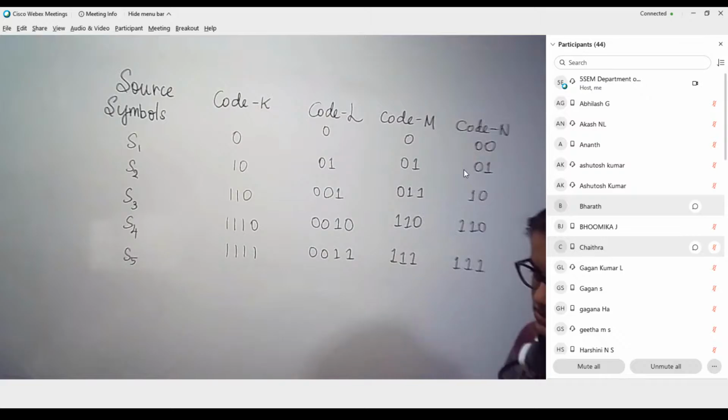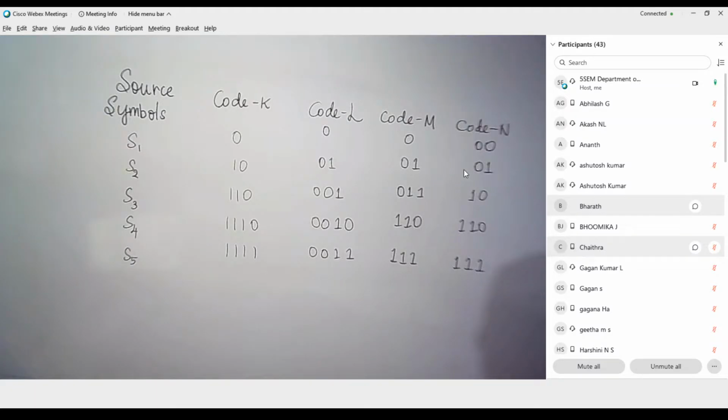Yes. Verify. What do you mean by instantaneous code? It should satisfy the prefix property. That means none of the code words should be present at the beginning of another code word. You are saying K, L and N are instantaneous.